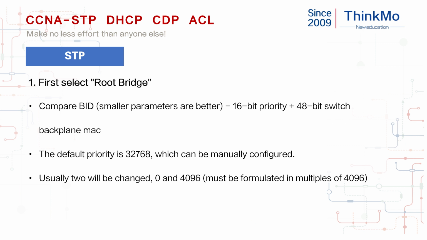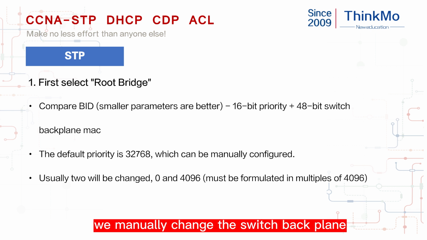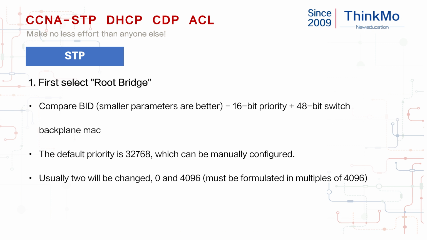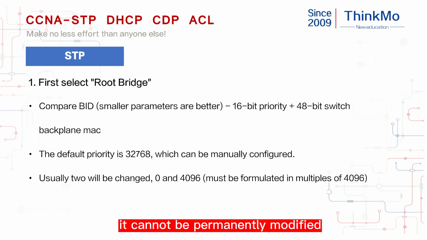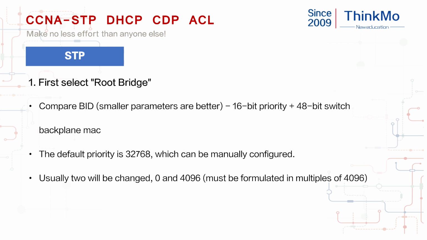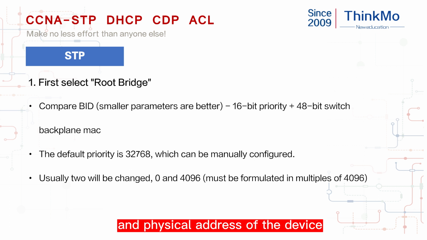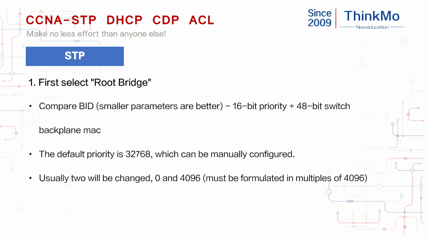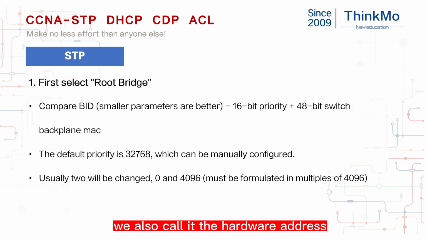In addition, even if we manually change the switch backplane MAC to the same, after the next reboot the MAC address changes back again. It cannot be permanently modified. The MAC address is used as the hardware address and physical address of the device. Everyone should know this: it is a physical address engraved in the chip of the network card, so we also call it the hardware address.